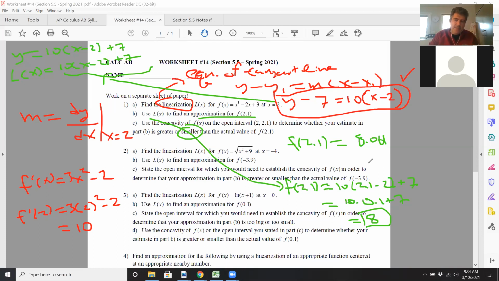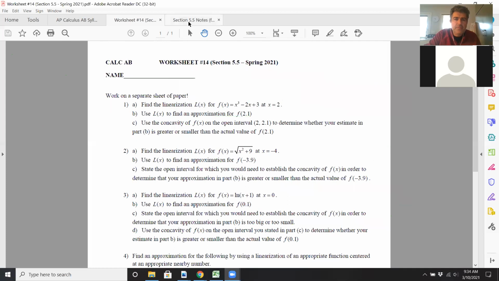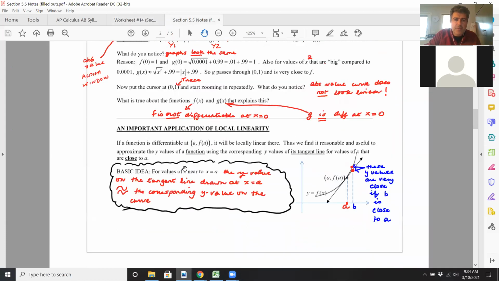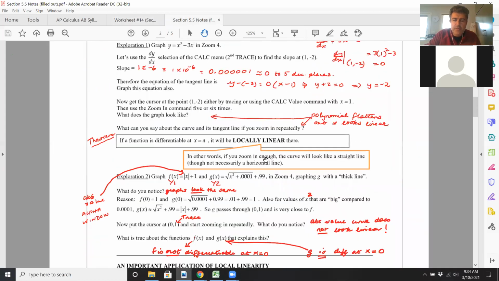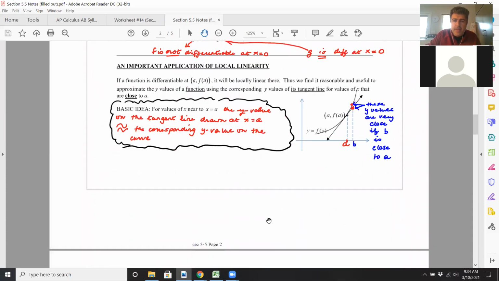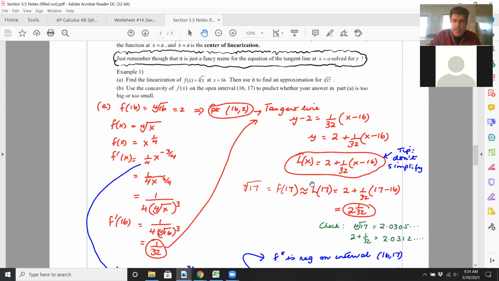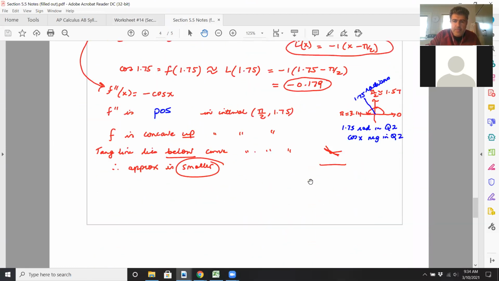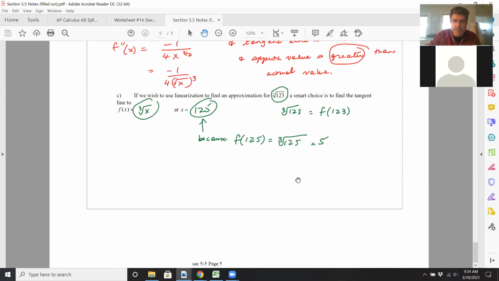And that's because there's something called local linearity. So if we go back to the notes again, there's something called local linearity, or locally linear. When you take a graph and zoom in enough, the graph almost looks linear, even though it might be really curvy or wavy. There's a little demonstration that I'd have students do.